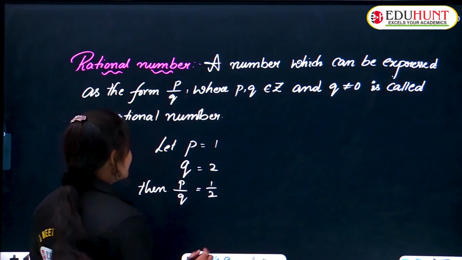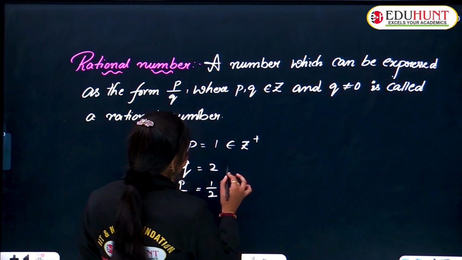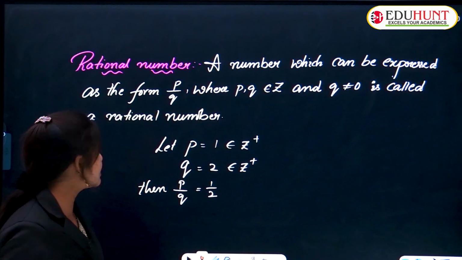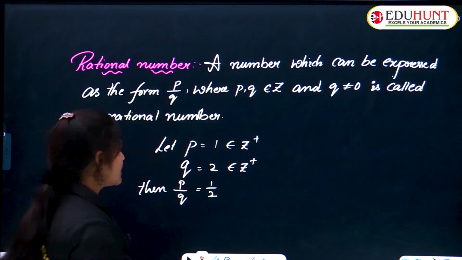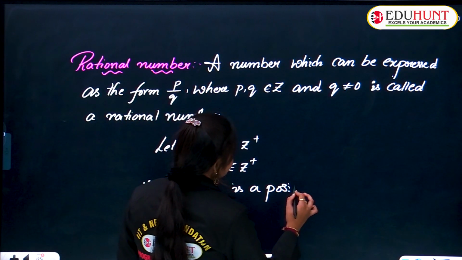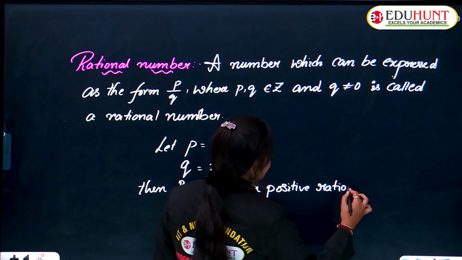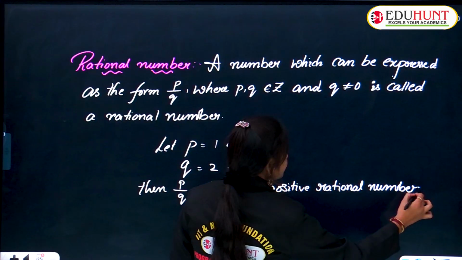So these are positive integers. 1 belongs to positive integers and in the same way 2 belongs to positive integers. Understood? That's why P by Q, 1 by 2, is a positive rational number. Yes, 1 by 2 is a positive rational number.